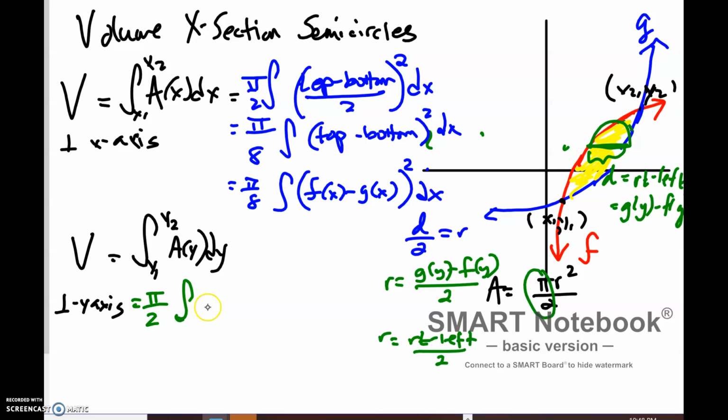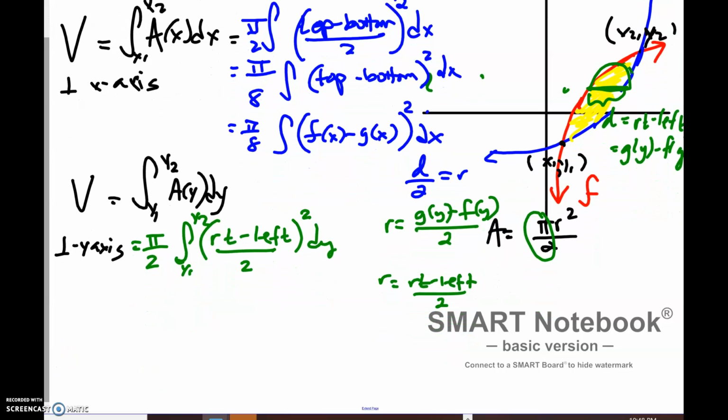So first I'll write it with right minus left over 2, squared, dy. And remember I can square this 2 on the bottom, which makes a 4, multiply with this 2, and that would just be pi over 8, right minus left squared dy.